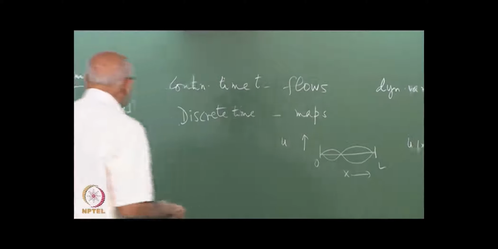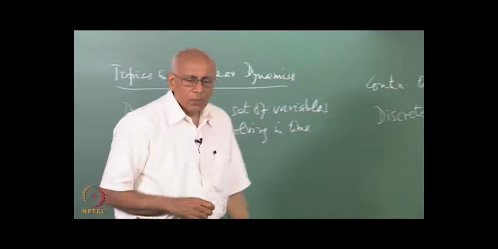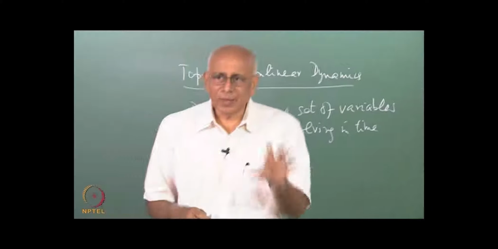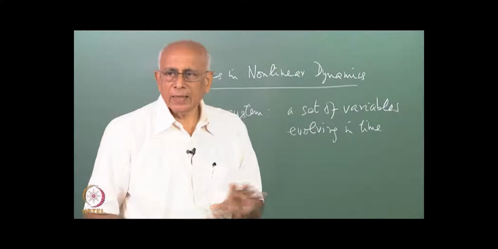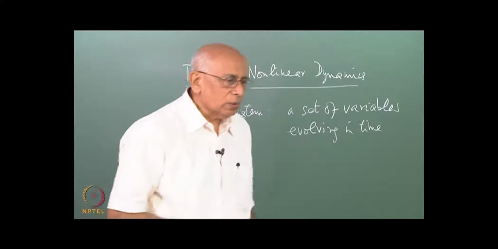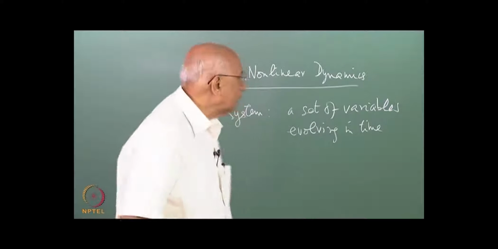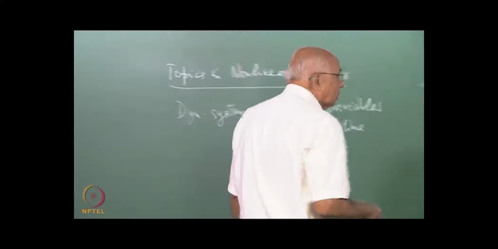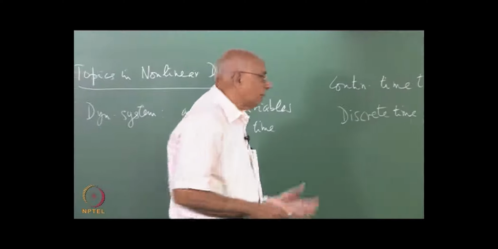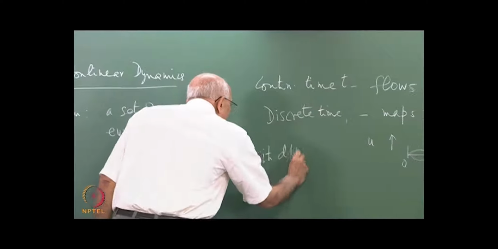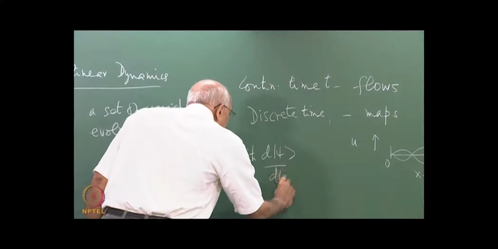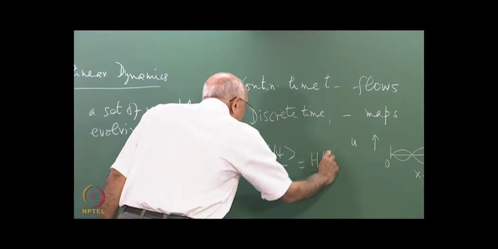Now with this huge number of possibilities, we need to make things a little specific. I should mention that throughout this course we are going to do classical dynamics. Of course it is true that you have quantum dynamics as well, and there you have a more general possibility. If you recall the Schrodinger equation for the state vector, it looks like d psi over dt is H psi.